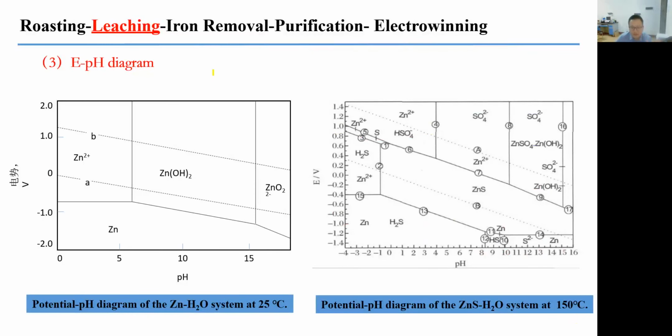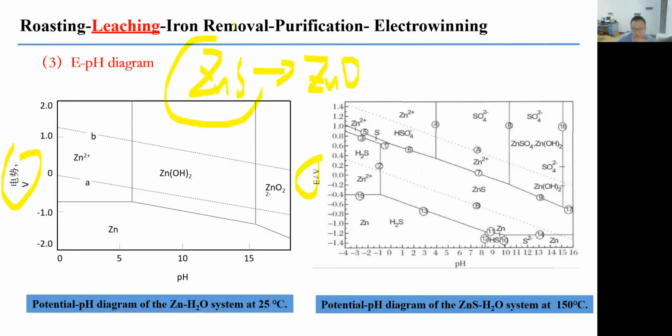And if we go further, besides the pH value, the potential of the solution is also important, because we would like to transform zinc sulfide into zinc oxide in the roasting process, but some part of the zinc sulfide remains in the calcine, just like the unreacted shrinking core.